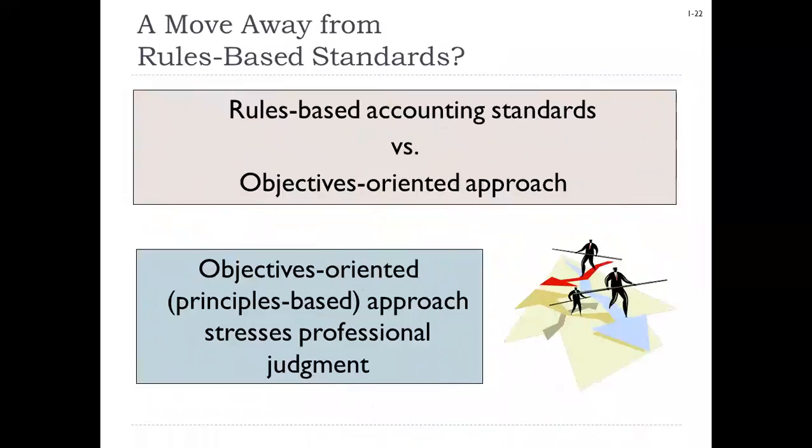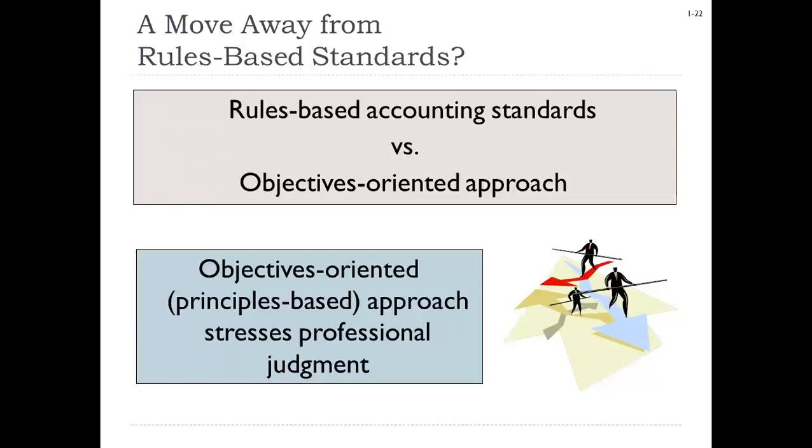Okay, let's see. Just a couple of conceptual things here. There's two ways of looking at accounting standards. One way is rules-based accounting standards, which means there's a clear-cut, definite set of rules that companies must follow in doing accounting. That's what US GAAP is.